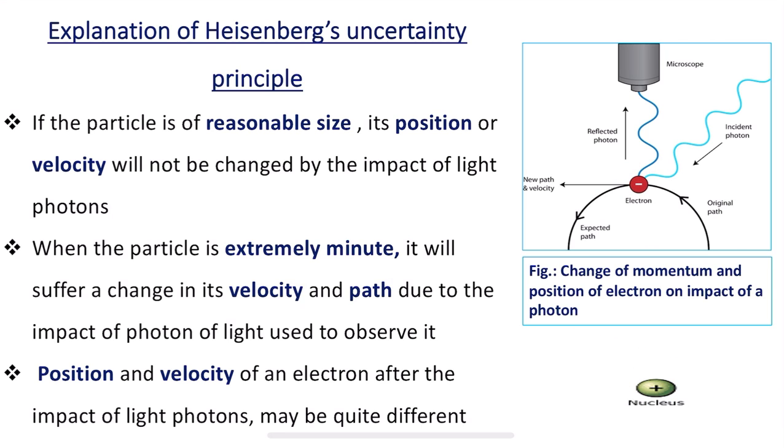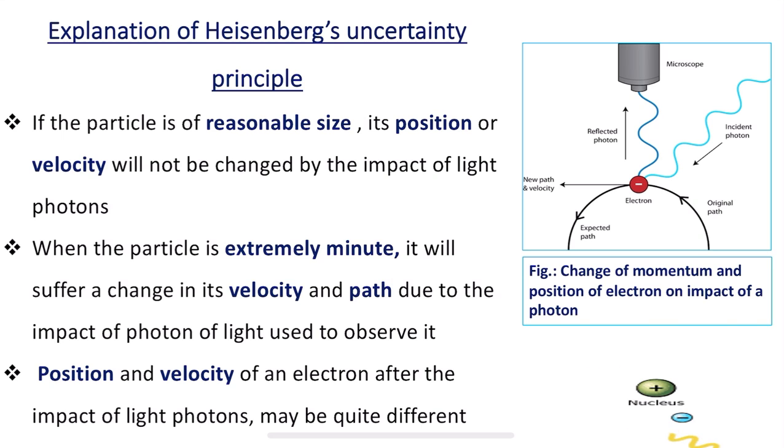Hence, it is impossible to know exactly both the position and velocity of the particle. When the particle is extremely minute, it will suffer a change in its velocity and path due to the impact of the photon of light used to observe it.